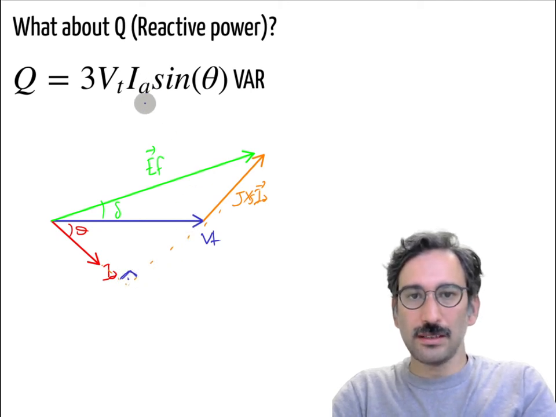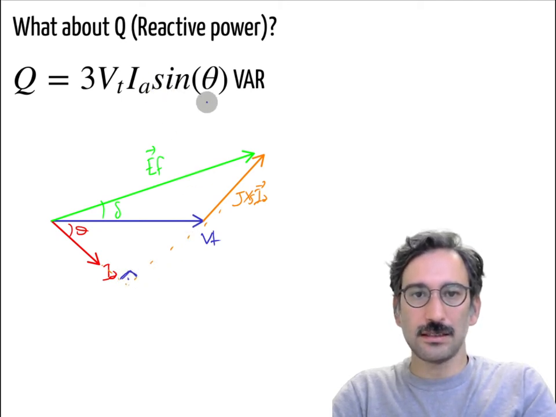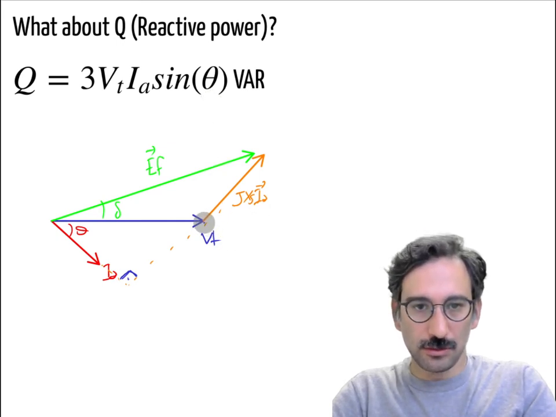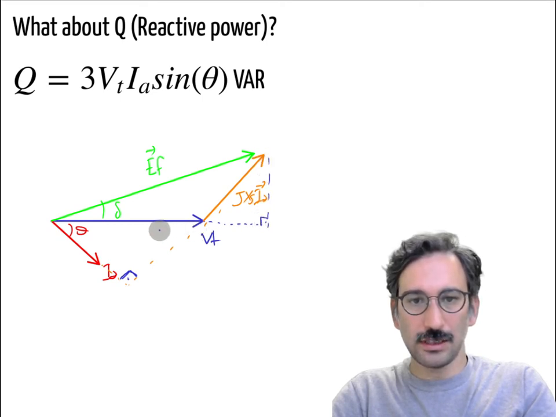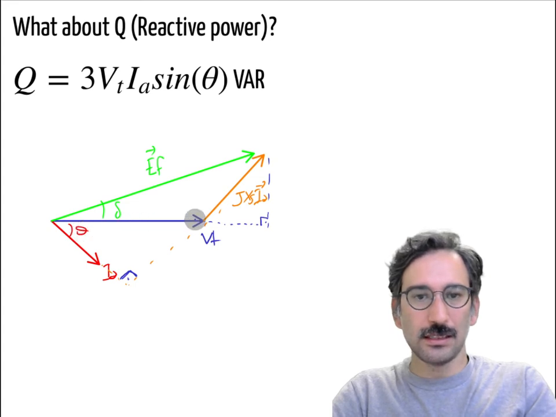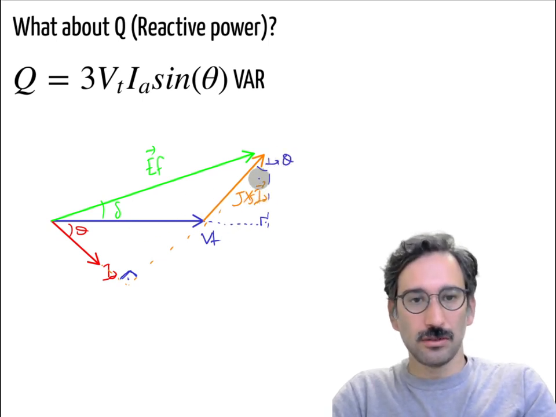So where is Ia sine theta? In order to find it, I will use a similar trick as before. If this is theta, this is 90 minus theta.